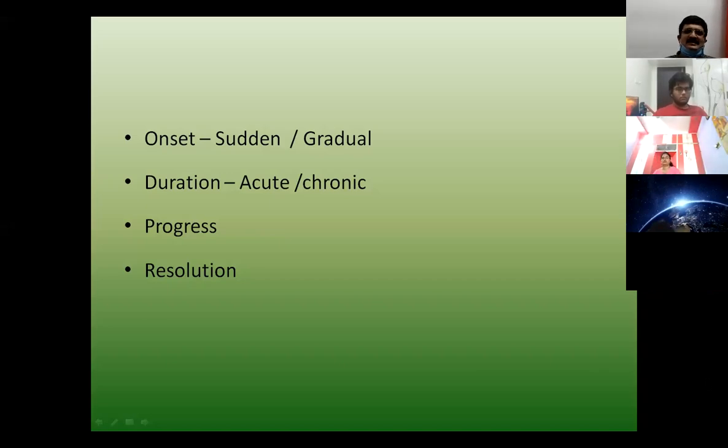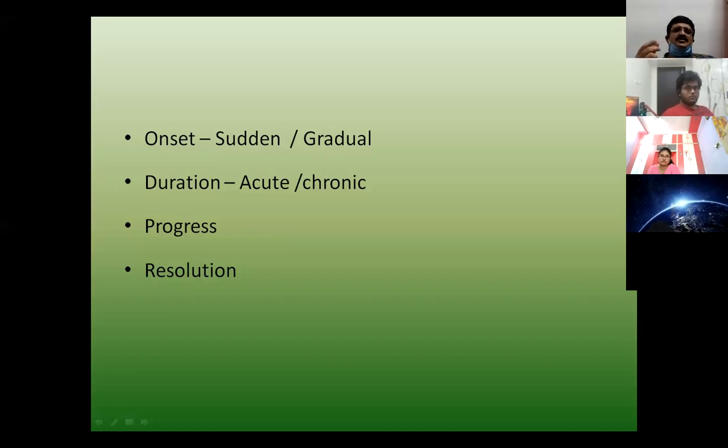A clinical sign is something which is elicited by a clinician. So what the clinician observes, suppose you are pressing somewhere and you are seeing something elsewhere, that could be a sign. That is what we call how you elicit a sign.